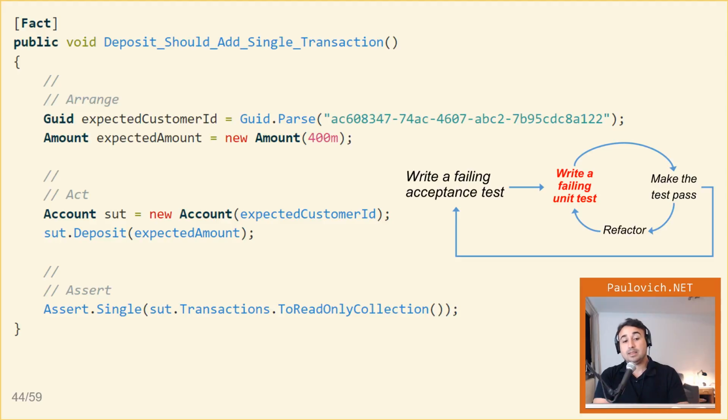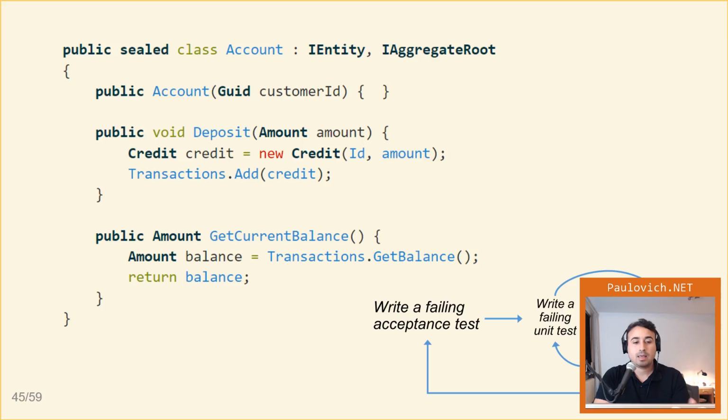So this second unit test expects the transaction history, or your list of transactions, to be increased, right? And after running this test, it will fail, and you are required to write more advanced code.